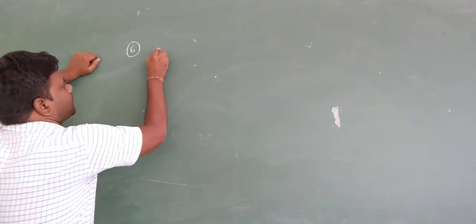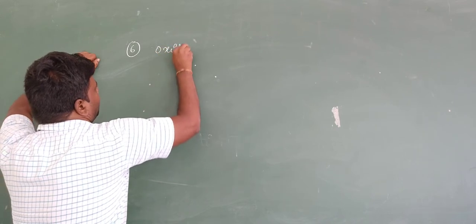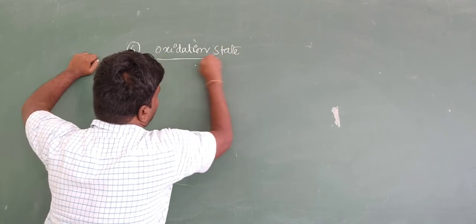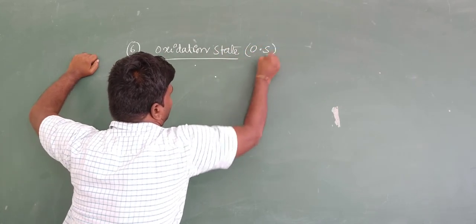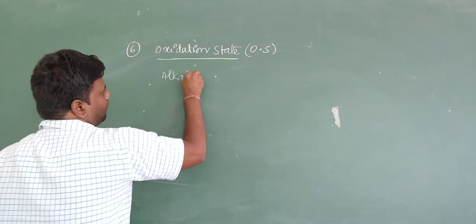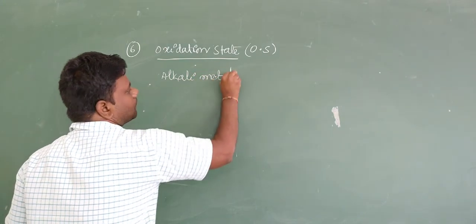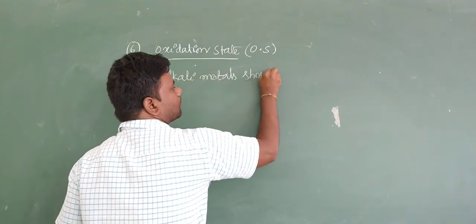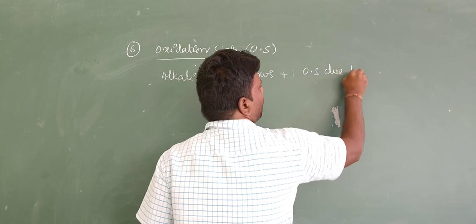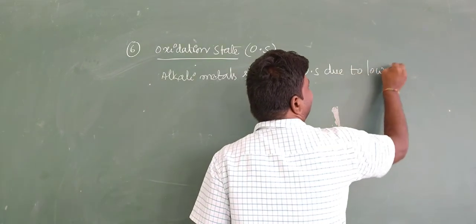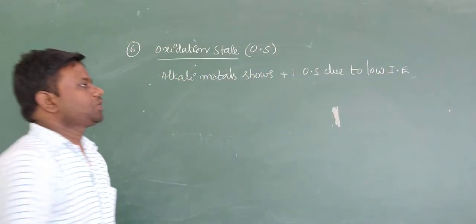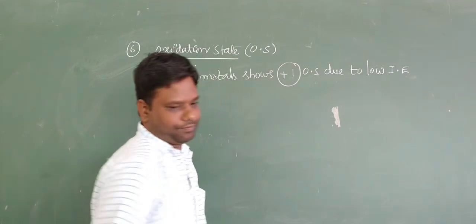Sixth property, oxidation state. Alkali metals show +1 oxidation state due to low ionization energy.